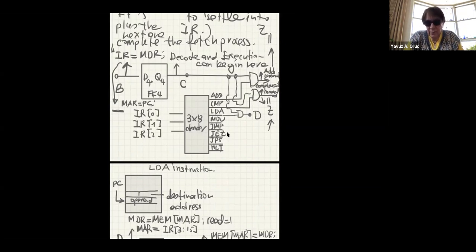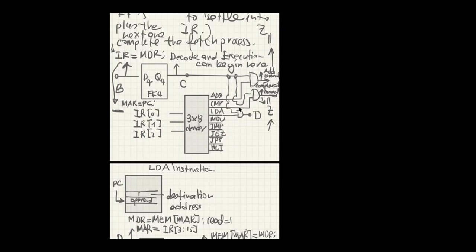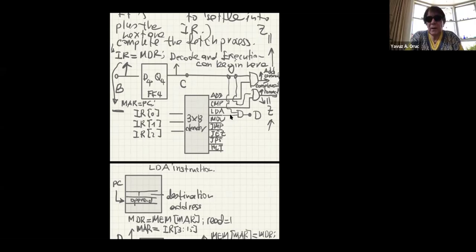In other words, I could have put another flip-flop right here. You see this cursor moving? Yep. Okay. So I could have just taken this output right there, and I could have basically thrown a flip-flop right there to do this step.